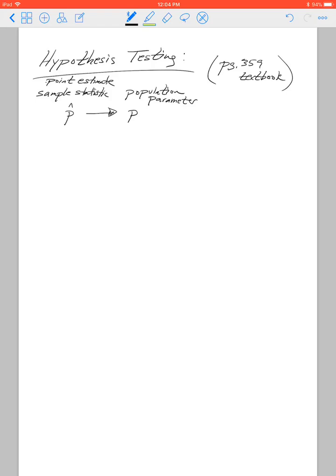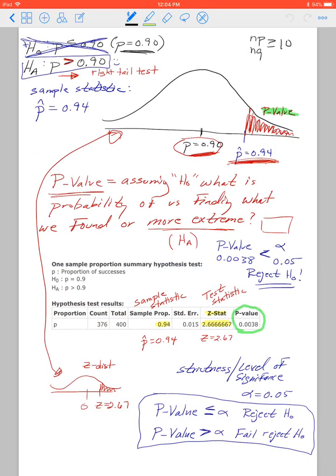And then when we're thinking about proportions, you probably noticed when you looked at the output for our hypothesis testing, that we're talking about that z-distribution that you all are very familiar with. It is a modified version of a z-score. And I think in class I actually gave you the formula. You do not need to do that by hand, but the concept is still similar.